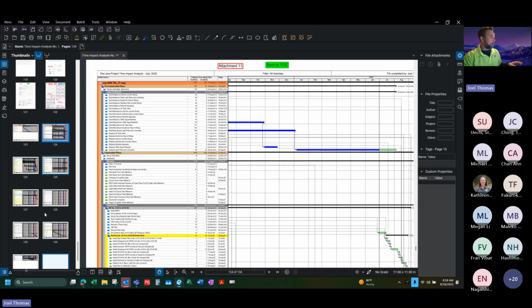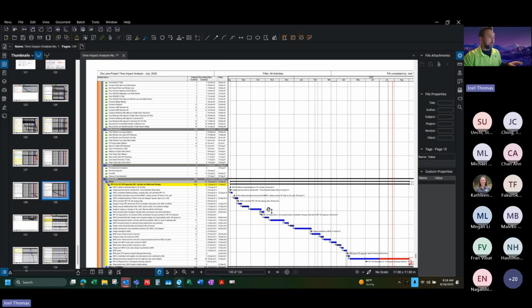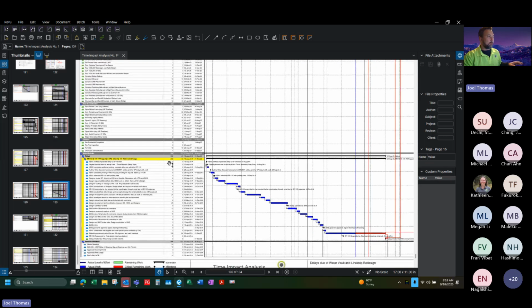And then I also dropped that fragnet into the schedule here. This is where the delay got added in, and it's all right in here. So now you can see it on the total schedule, how things were impacted. Like I said, usually the contractor is responsible to put this information together.